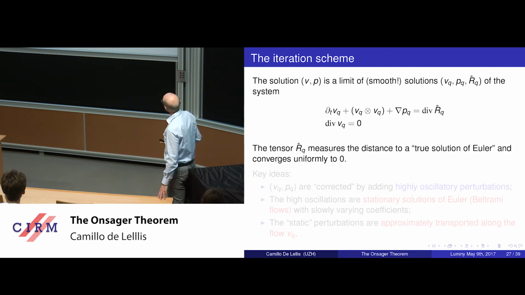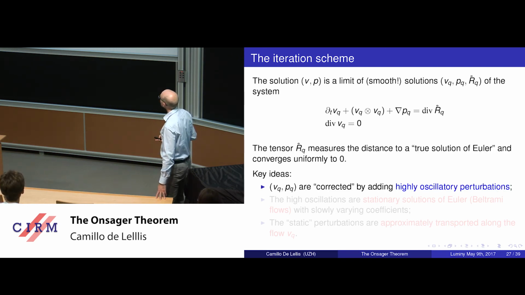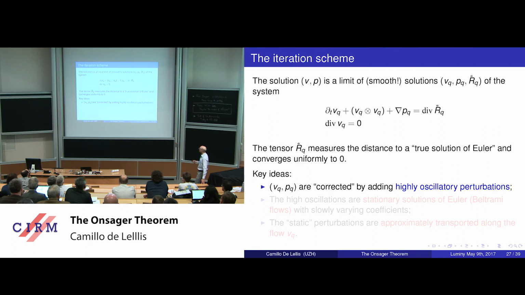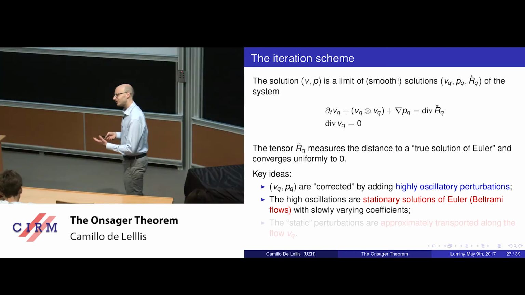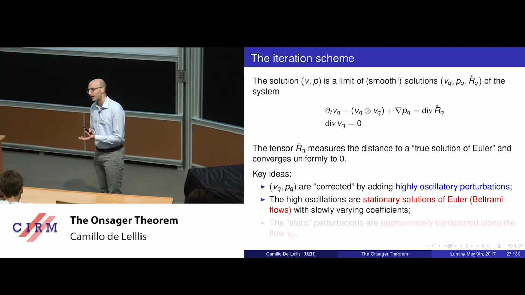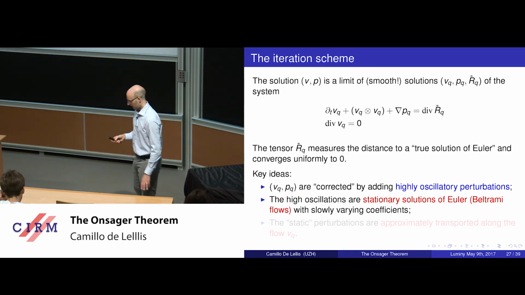So how do we do this? The key idea is similar to the toy problem. At each step, we correct v_q, p_q by adding a lot of oscillations, so highly oscillatory perturbations. Now, it's not as easy as in the toy problem, though. The high oscillations are stationary solutions of the Euler equations with slowly varying coefficients. So they are not something that you can really write down explicitly. You have to solve the partial differential equation to produce them.